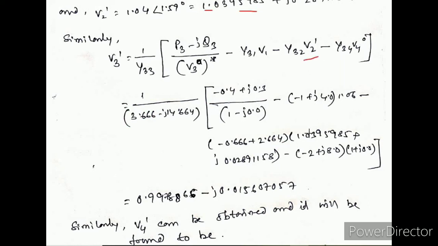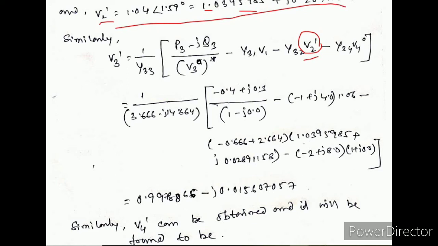Now which value will we put as V2 to the power 1? The calculated value, the value we get after implementing the voltage and angle. So V2 to the power 1 we will put after implementing voltage and angle. That means whatever value we are getting here, we need to put here.